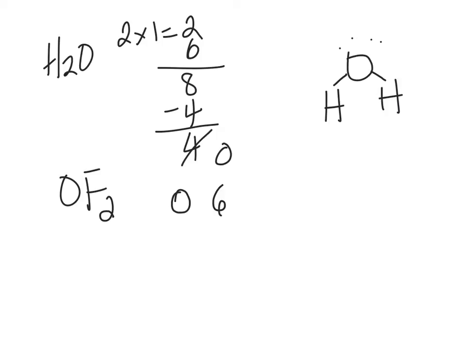Oxygen still brings 6. How much does fluorine bring? 7. There's 2 of them. So it brings a total of 14. So now we have 20 electrons to play with. Who's got the largest combining capacity? Oxygen, so it's our central atom again.